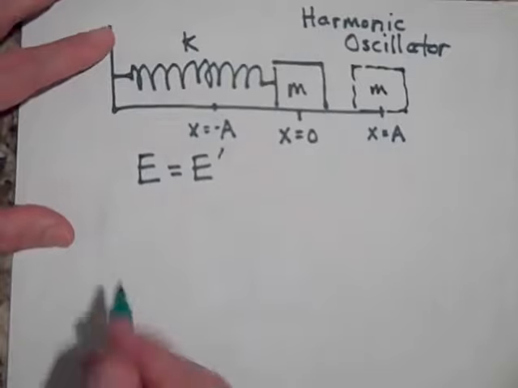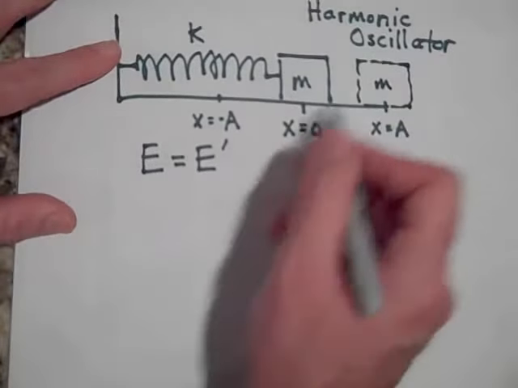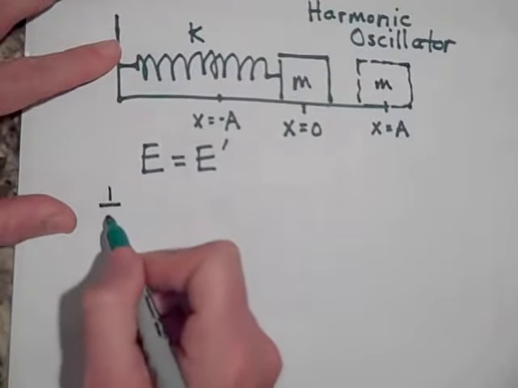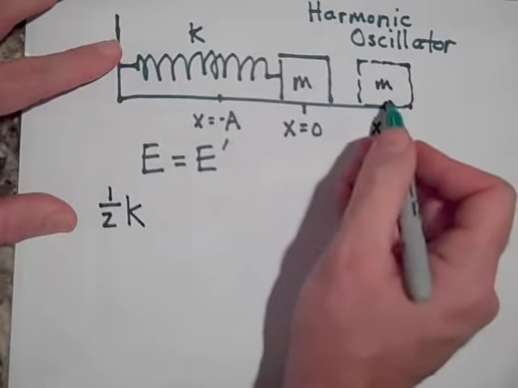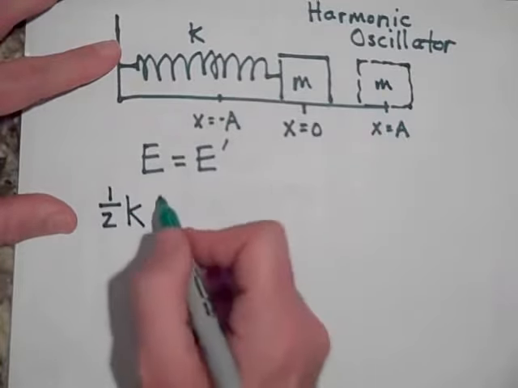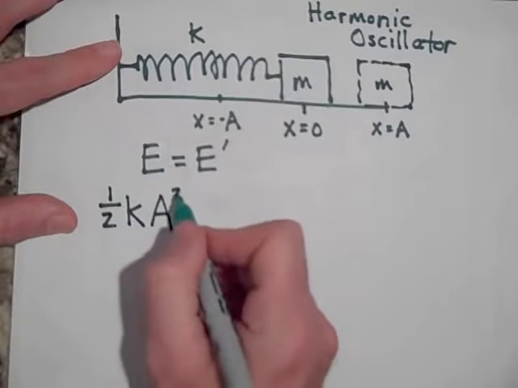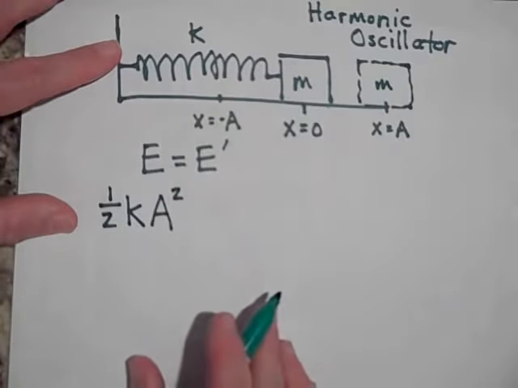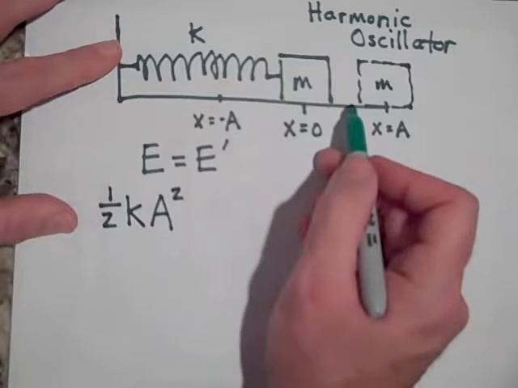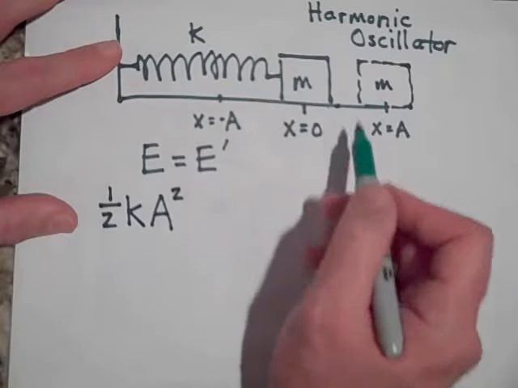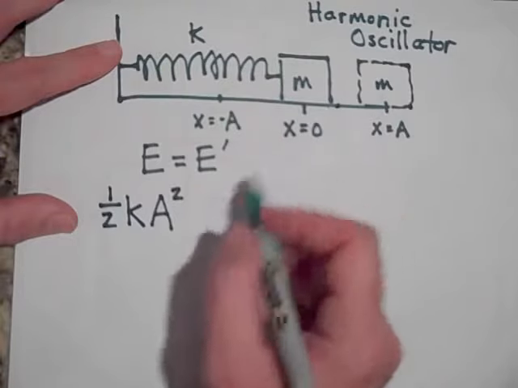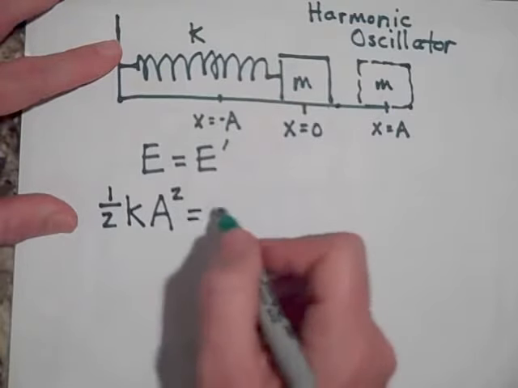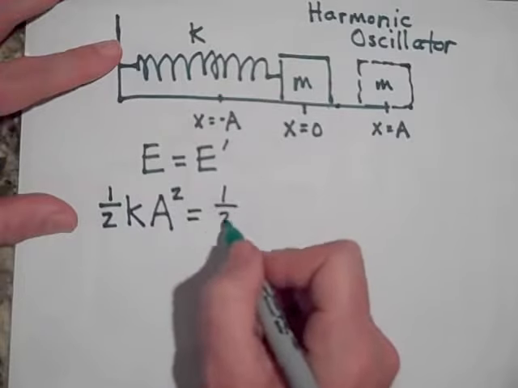So we're going to say that the energy stored in the spring initially is 1/2 k times x squared. But when you're all the way back there, x is A. So I'm going to say 1/2 kA squared. At any other intermediate time, say right here, it's going to have a little bit of potential energy stored in the spring.